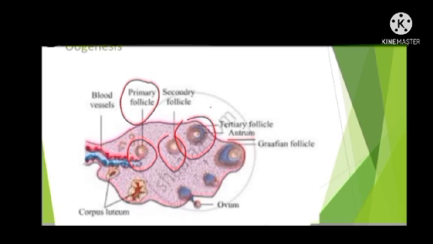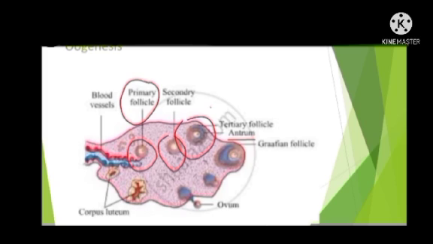Now the theca layer, which I told you is formed due to more accumulation of granulosa cells in the primary follicle so that a secondary follicle is formed, isn't it? Now the theca layer will be differentiated into an inner theca interna and an outer theca externa.